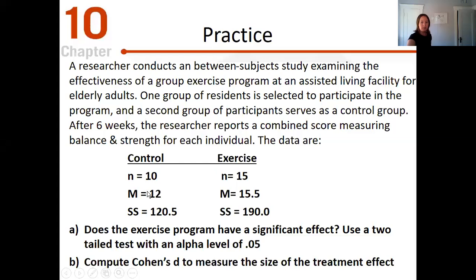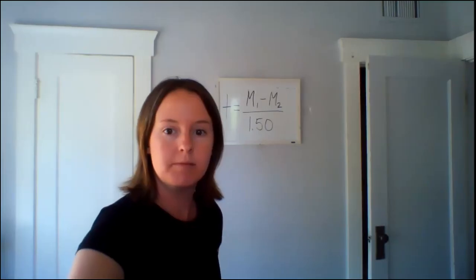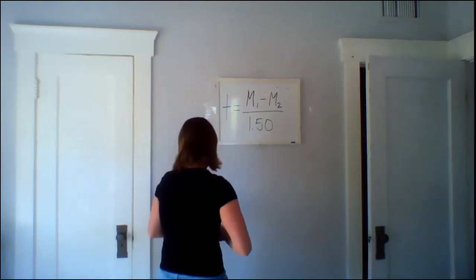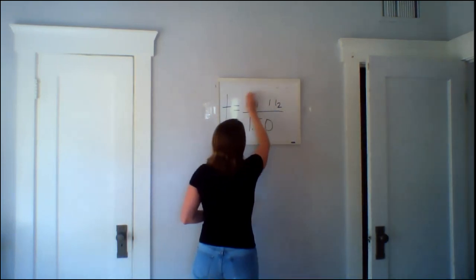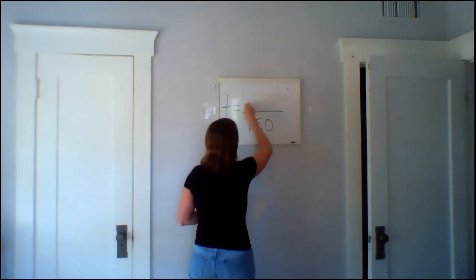The control group had a 12 on the fitness test, and the exercise group had 15.5. They're 3.5 points different from one another. There's a 3.5 point advantage on average if you're in the exercise group. So up here, we end up with 3.5.